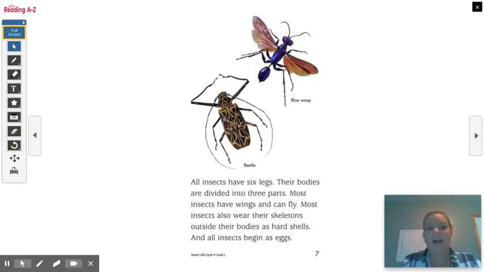So, I have a little song that helps you remember that insects are divided into 3 parts. It goes kind of like head, shoulders, knees, and toes. But you go head, thorax, abdomen, 6 legs. So you point to your head for the head. You point to your stomach, and that's the part that you say thorax.